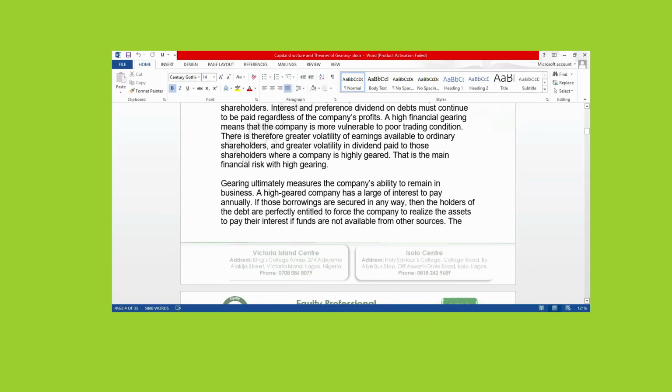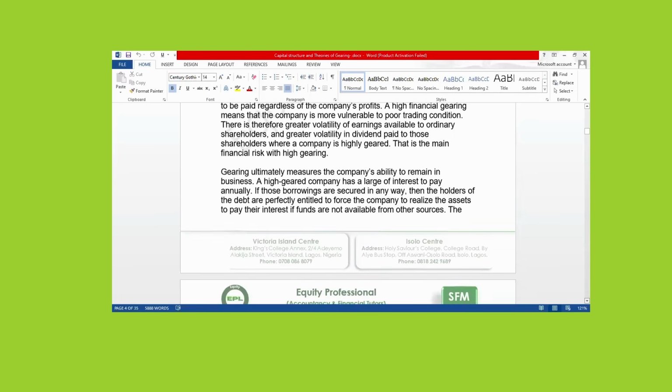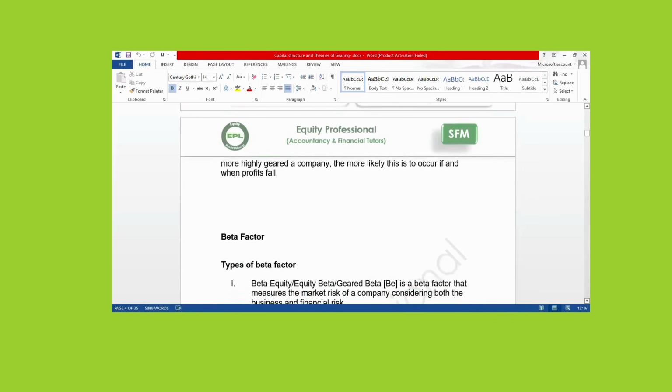This theory explains the impact of capital structure on companies' market value. That was the discussion last week.